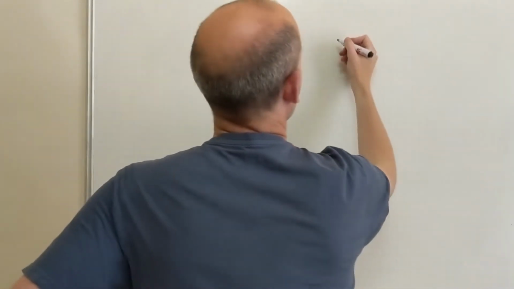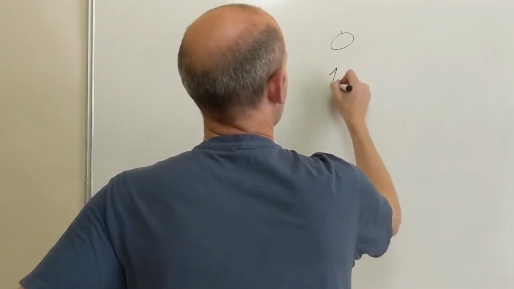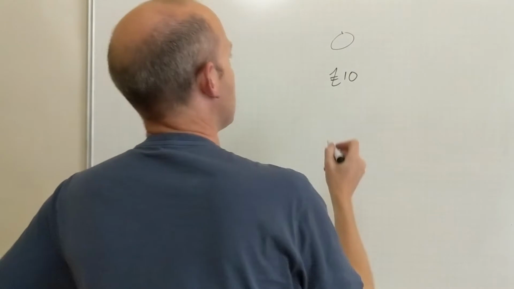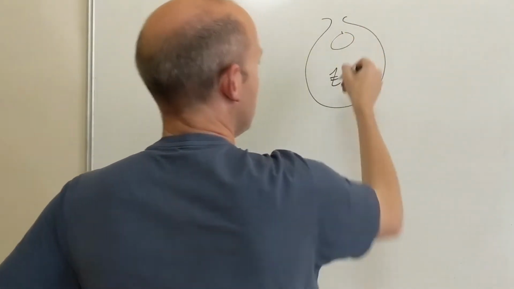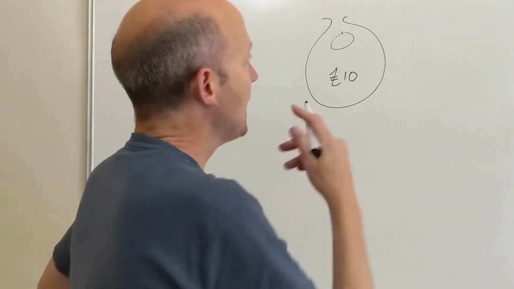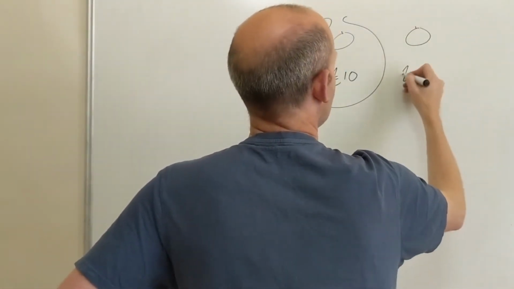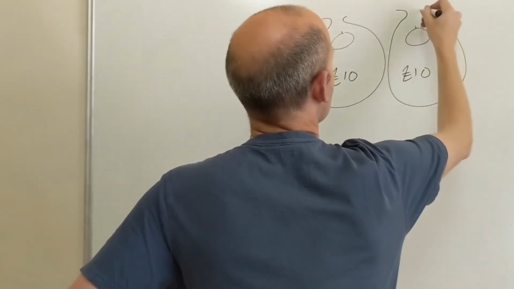Supposing I had the following. I had an apple and I had £10. And my apple and my £10 I'm going to put into a bag. So here's a bag containing the apple and the £10. And supposing I had another apple and another £10 that was in another bag.